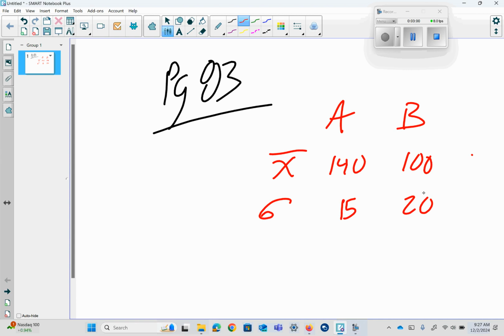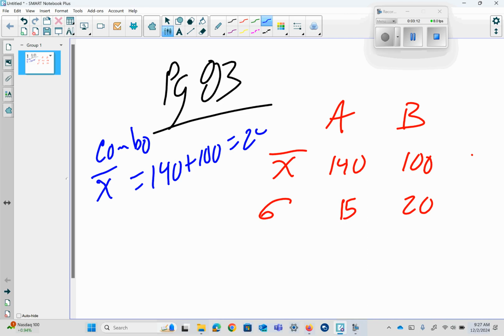So the combo mean is just going to be 140 plus 100. The combo standard deviation is going to be the square root of 15 squared plus 20 squared.